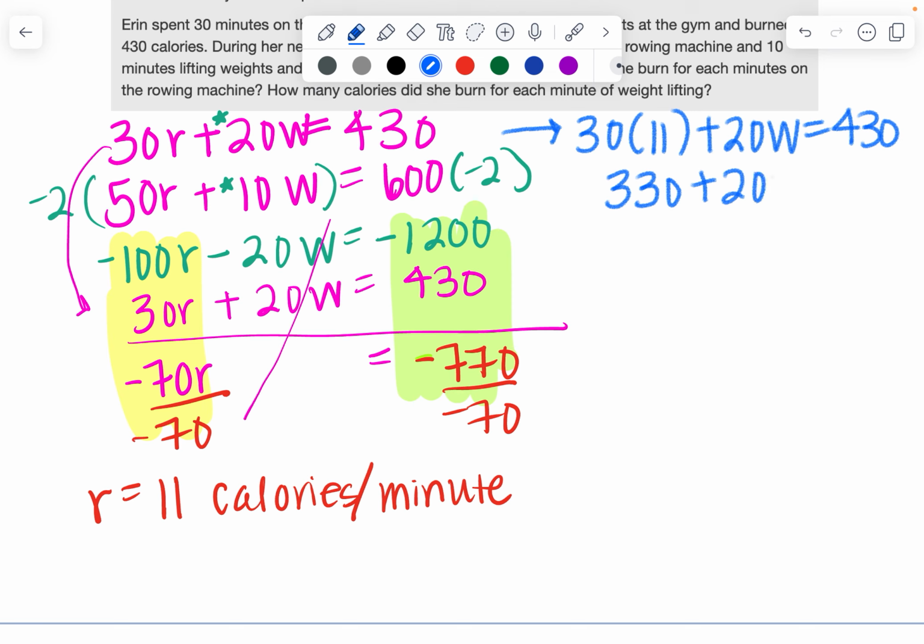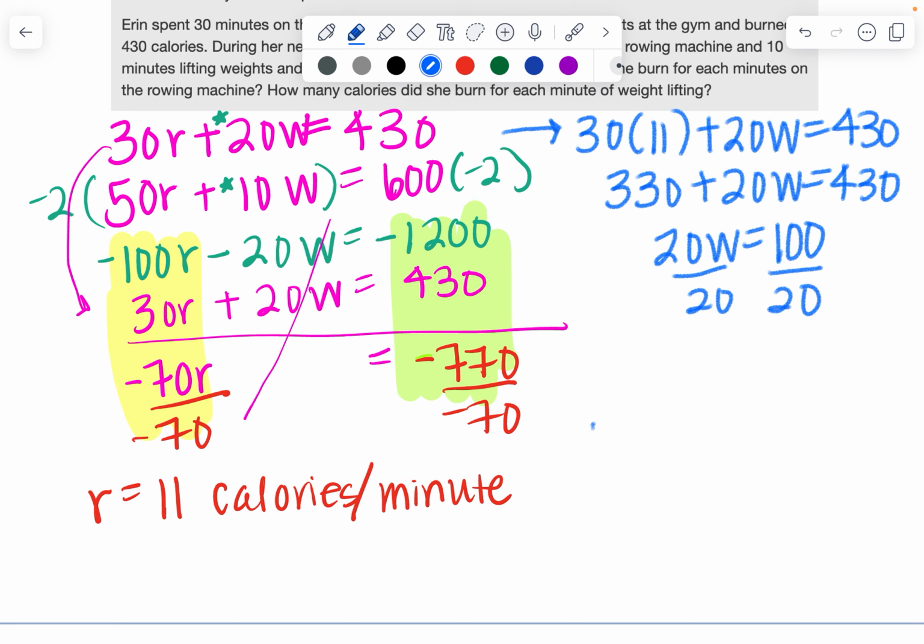Plus 20W is 430. If I took 330 from both sides, I'd get 20W is 100. And if I divided both sides by 20, I would get that W is 5. So 5 calories per minute.